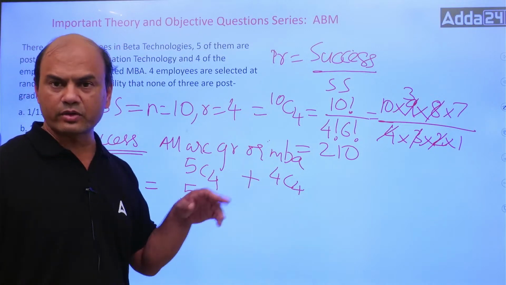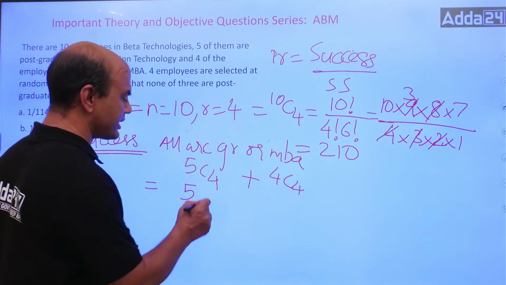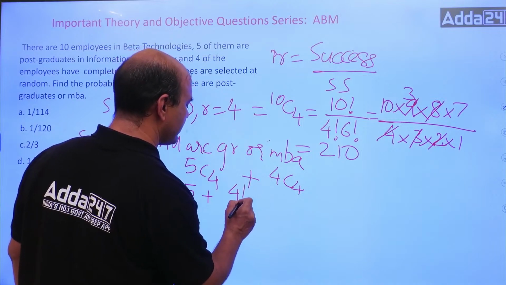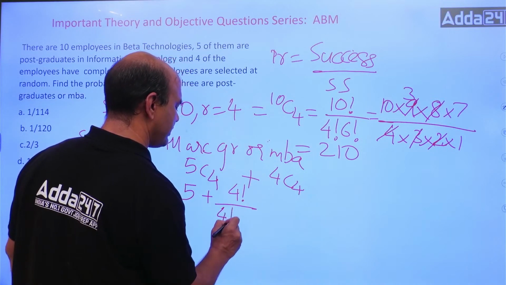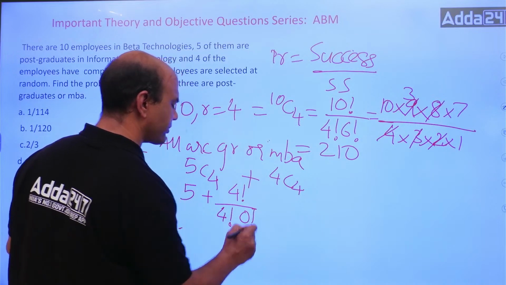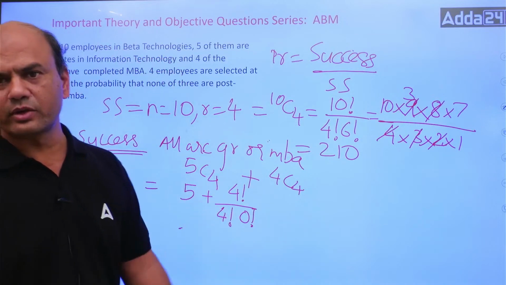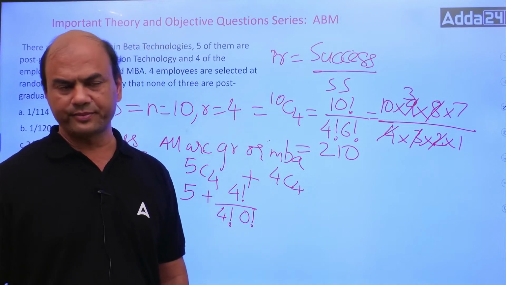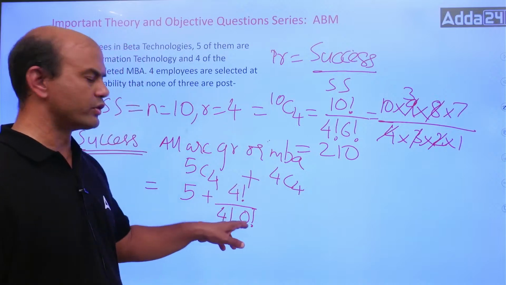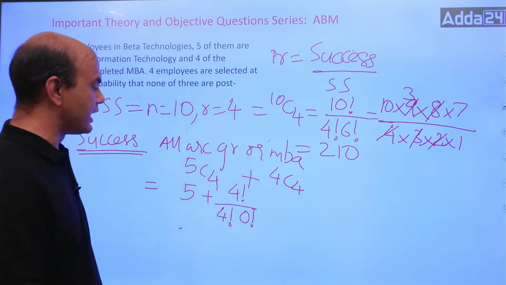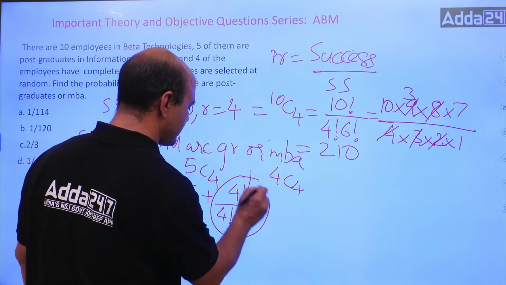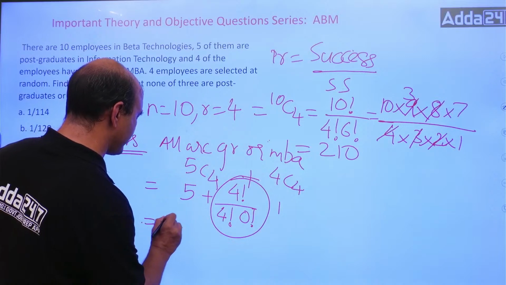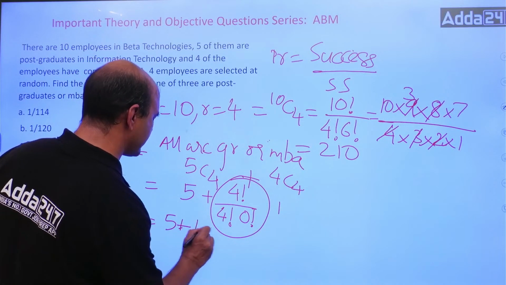This is a bit confusing, let me show you. 4C4 is 4 factorial divided by 4 factorial into 0 factorial, that is N factorial divided by R factorial into N minus R factorial. So this gets cancelled. 0 factorial is 1. So the answer for this is 1. So the answer is 5 plus 1, that is equal to 6.